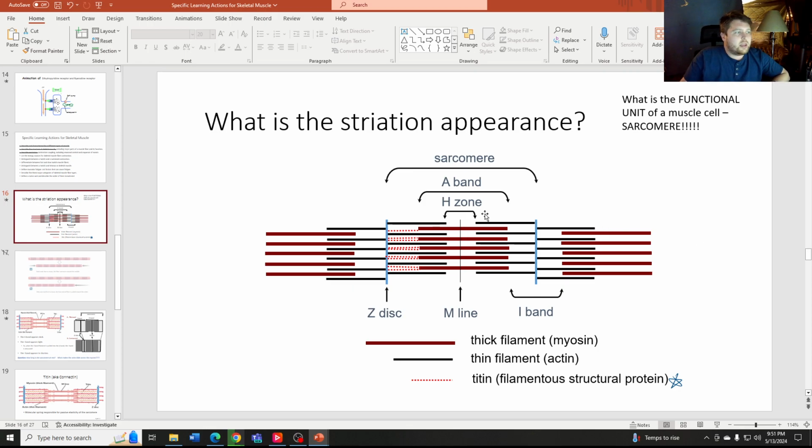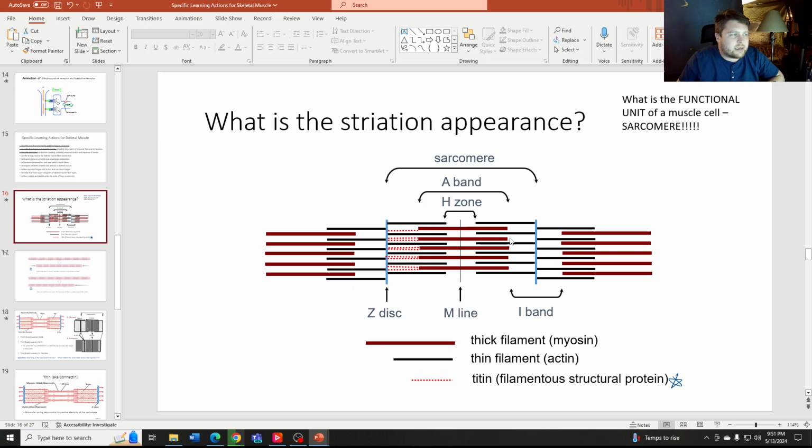We also have this thing called the I band. The I band is where there is only actin. And same thing, as this all contracts, the actin goes this way, and the actin goes this way. So it's kind of like the two myosin get brought closer together.